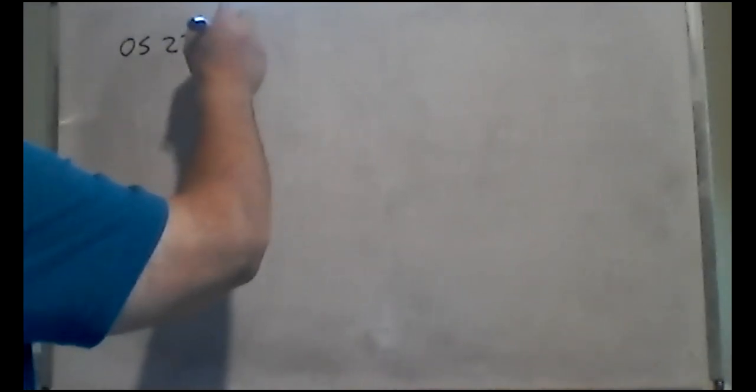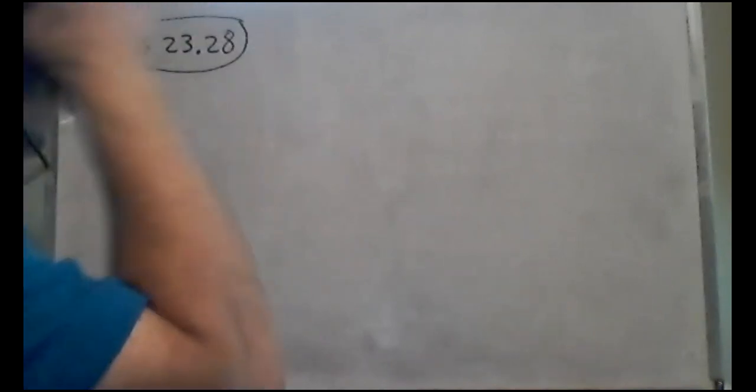All right, this book has seen better days. Remember to put the cap on my pen when I start talking. All right, here we go. OpenStax 23.28. That one says calculate the peak voltage.